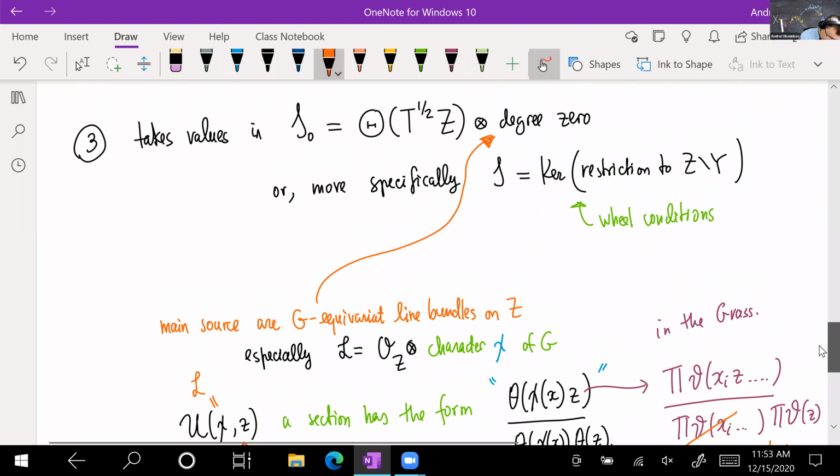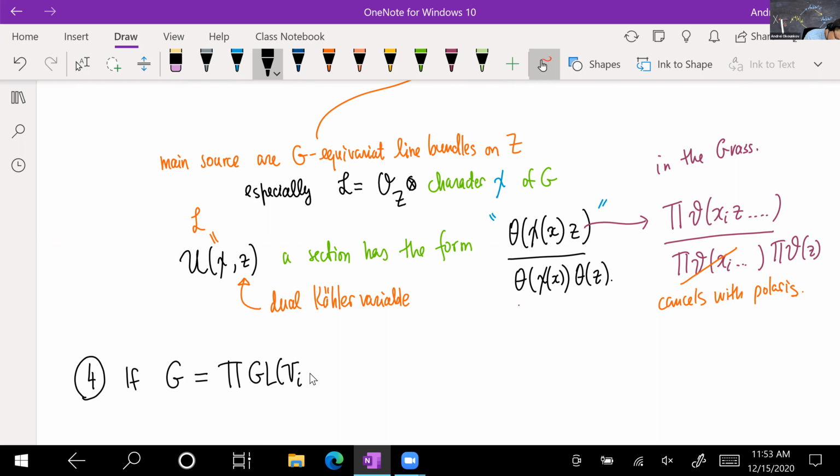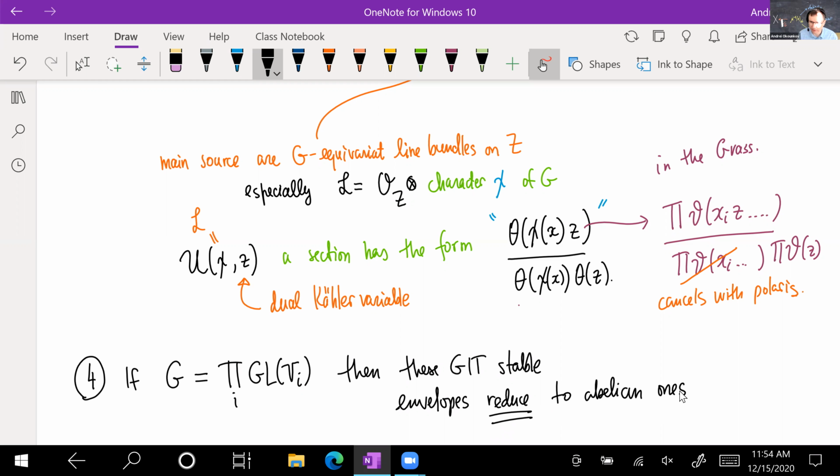So this is point number 4: if G is in fact an abelian variety, a product of GL1s, then the corresponding GIT stable envelopes reduce, which I explained, in a way really reduce to abelian ones.